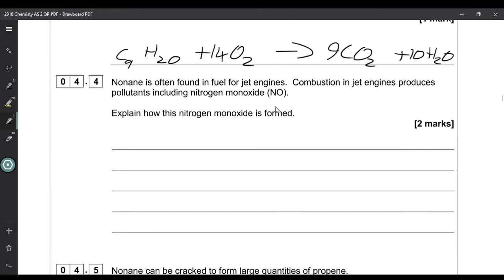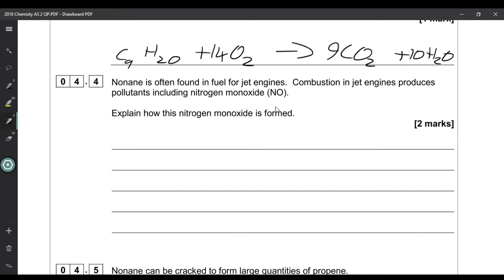Nonane is often found in fuel for jet engines. Combustion in jet engines produces pollutants including nitrogen monoxide. Explain how this nitrogen monoxide is formed. Now, again, the nitrogen doesn't come from the fuel itself, it comes from the air, and it's important to get that across, where the source of the nitrogen is, and the oxygen.